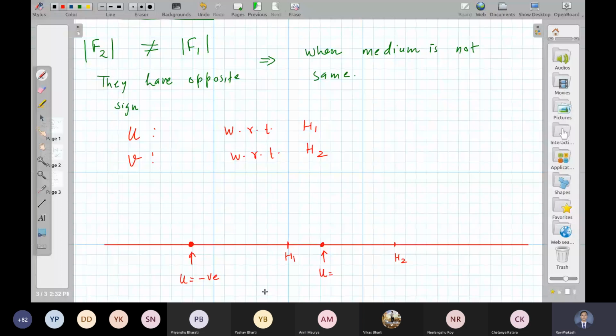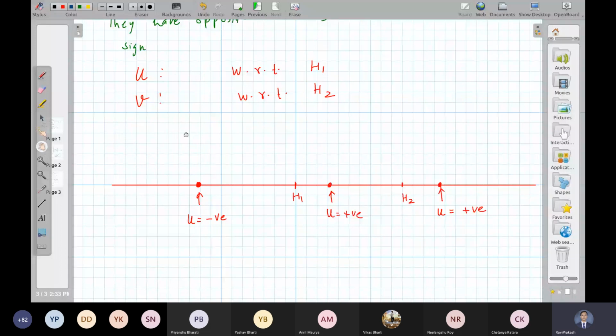If object is here, then also positive. What about image? Image यदि यहाँ बन रही है तो negative. If you get image here, negative. Image यहाँ है तो positive.